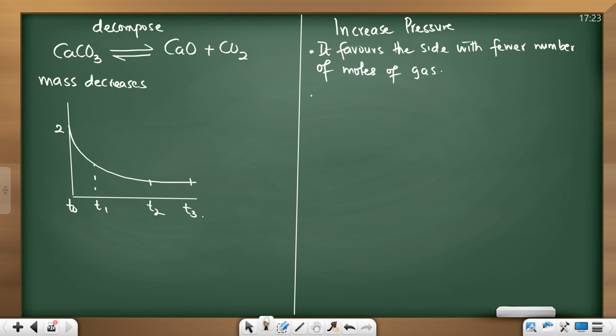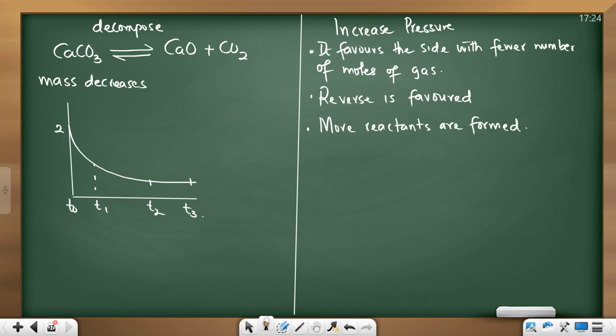What does that tell us? The reverse is favored. Do we agree? And if the reverse is favored, more reactants are formed. Do we agree with this statement so far?